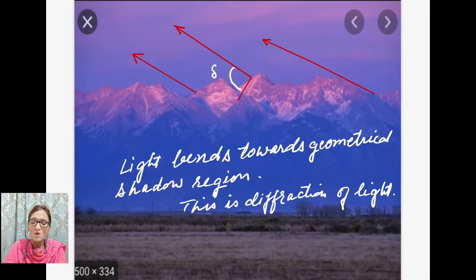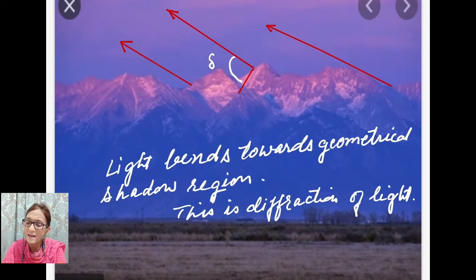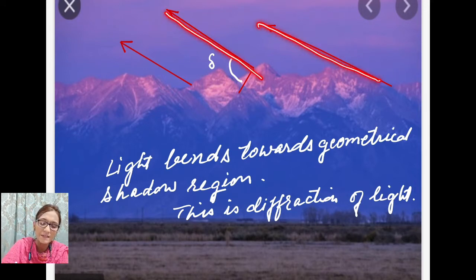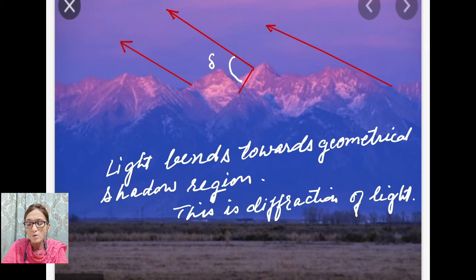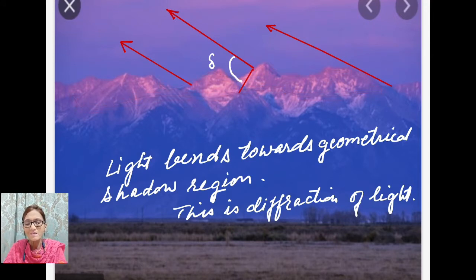And there is one diffraction which can be seen during morning sightseeing near mountains. Here you have the sun hiding behind. You cannot see light in front of it. The sun is behind the mountains and light rays are coming along this direction. Now due to diffraction, the light is bent through this angle, and some portion of the mountain becomes illuminated.